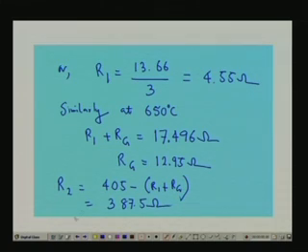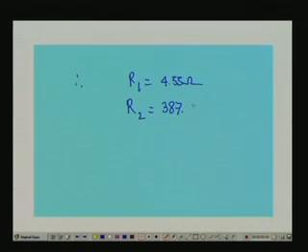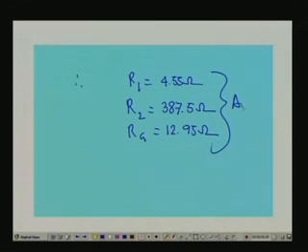So, if I write all the answers at one point, R1 is equal to 4.55 ohm, R2 is equal to 387.5 ohm, and Rg is equal to 12.95 ohm. So, this is our answer to problem number 17.5.